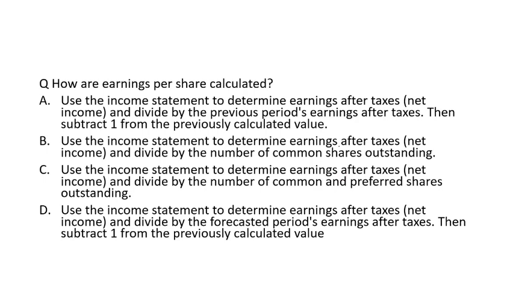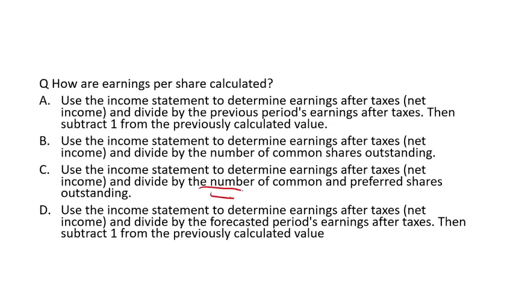So obviously it is talking about the EPS. EPS means earning per share. Now in a case of EPS, 1 is not either added or subtracted. So wherever it has said subtracting 1, both options are totally incorrect. Now you may get confused in option B and C. Now let's see the question. Option B: use the income statement to determine the earnings after taxes, net income, and divide by the number of common shares outstanding.